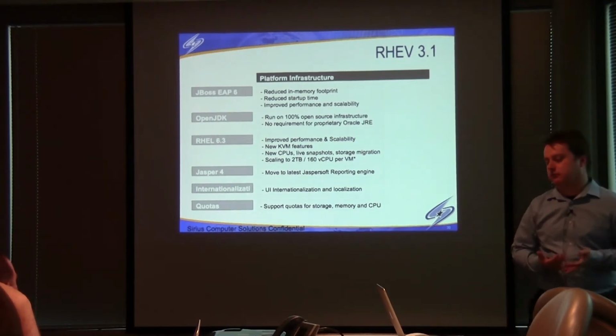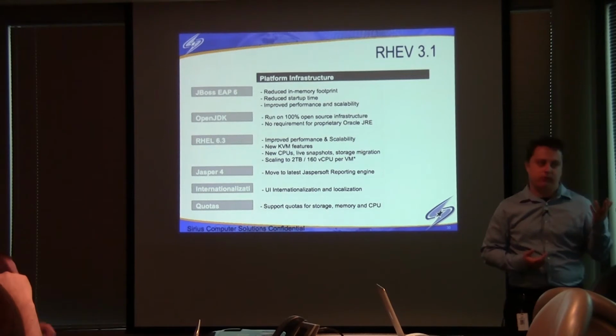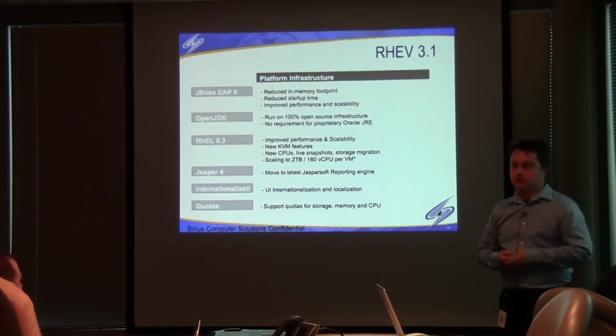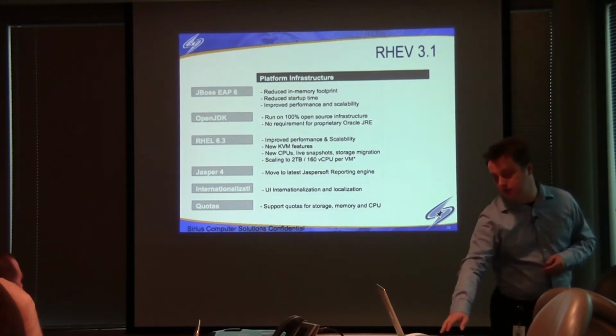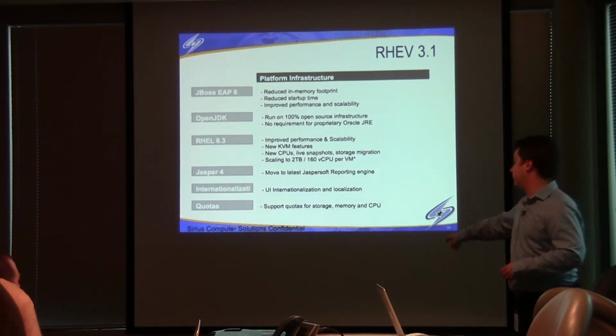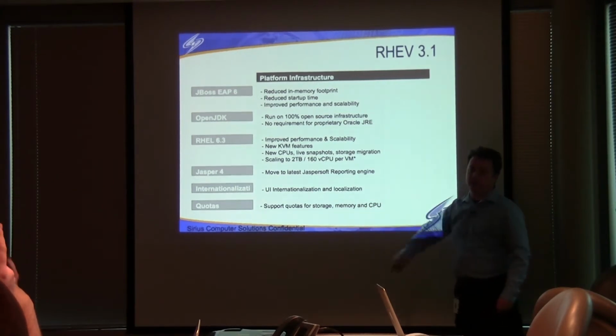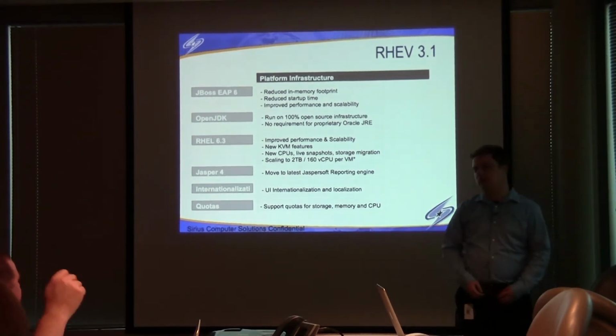Jasper, you use Jasper Reports. That comes bundled with Rev or oVirt. Quotas, that's a big thing. You can now restrict users to quotas. With Jasper, don't you need to buy a license?